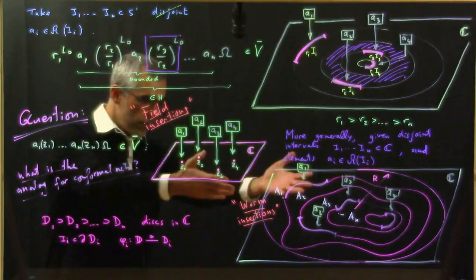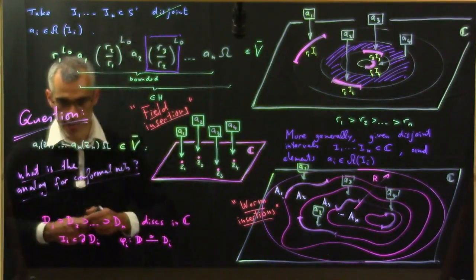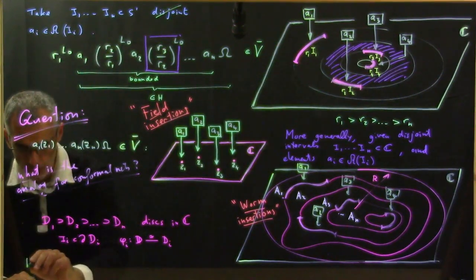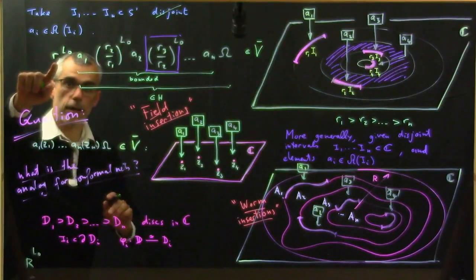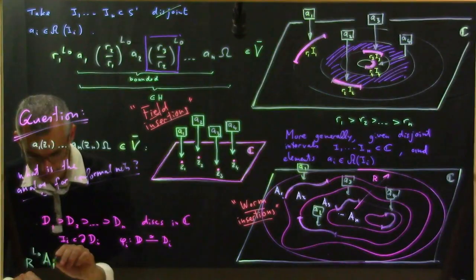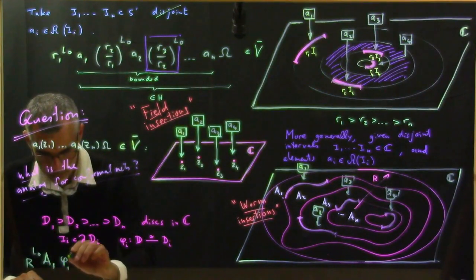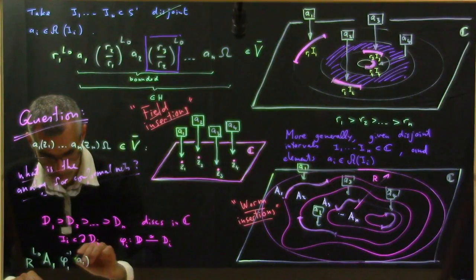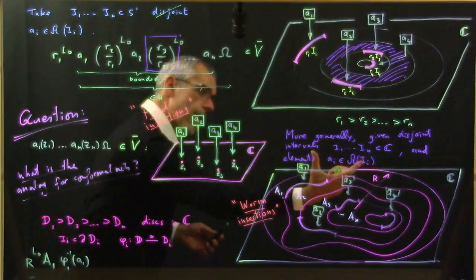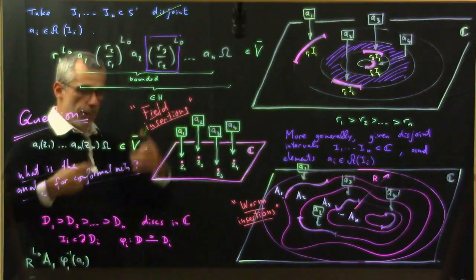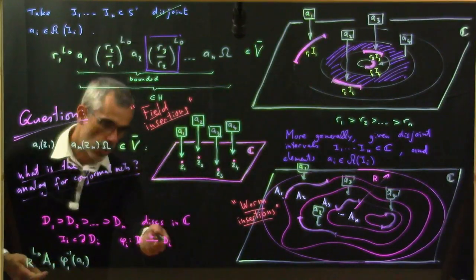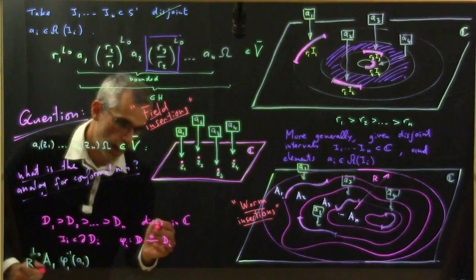And then the formula for these worm insertions is, so first we have an operator r to the L naught, similarly to this one. And then we have the first annulus acting, then I want to act by this element of that abstract von Neumann algebra, but of course I need to put it back so that it becomes an element of a concrete von Neumann algebra that acts on H. And so I put it back using this phi here.